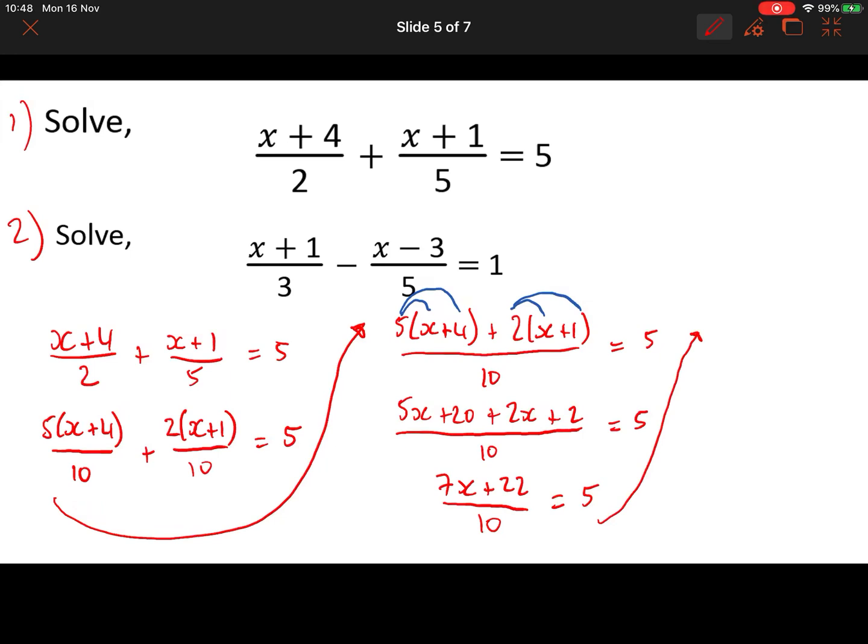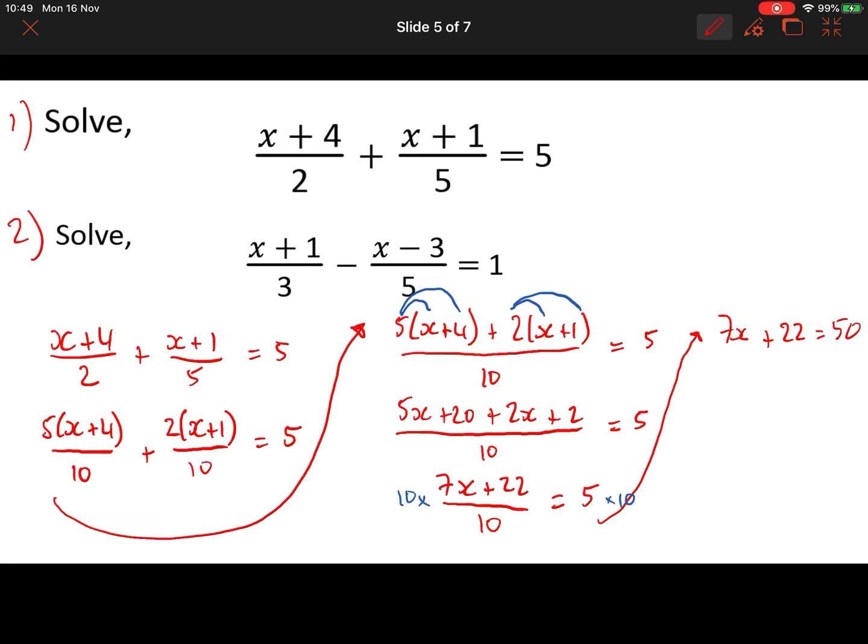Now, what I know here is I've now got not 2 fractions on the left-hand side, I've got 1 fraction on the left-hand side, which now means I can solve my equation. All I need to do is multiply both sides of my equation by 10. Okay, so I'm going to get 7x plus 22 equals 50.